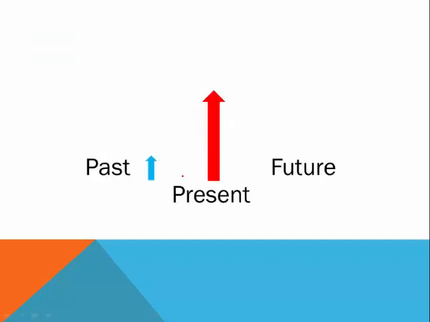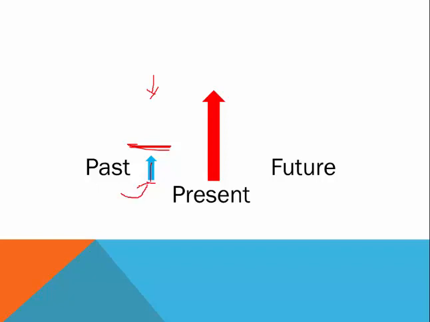We'll try to understand with this diagram. This is one point of time in the past, and during this point in time in the past, something was going on.